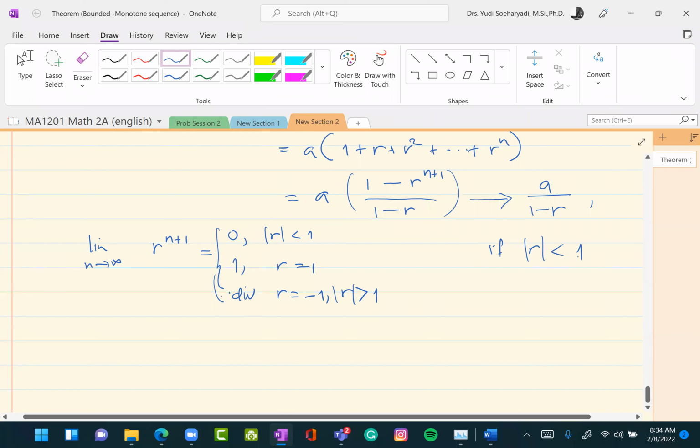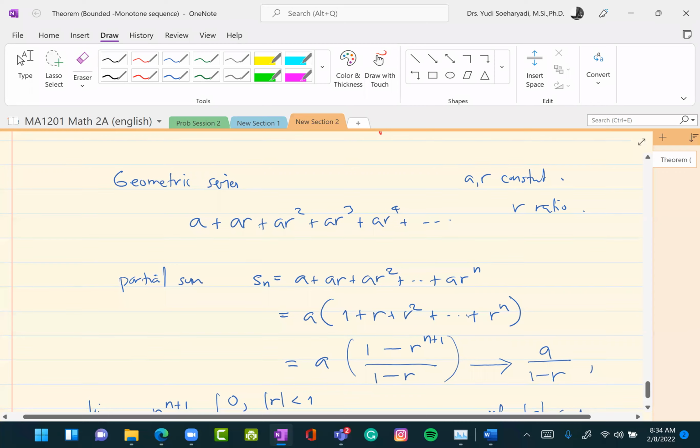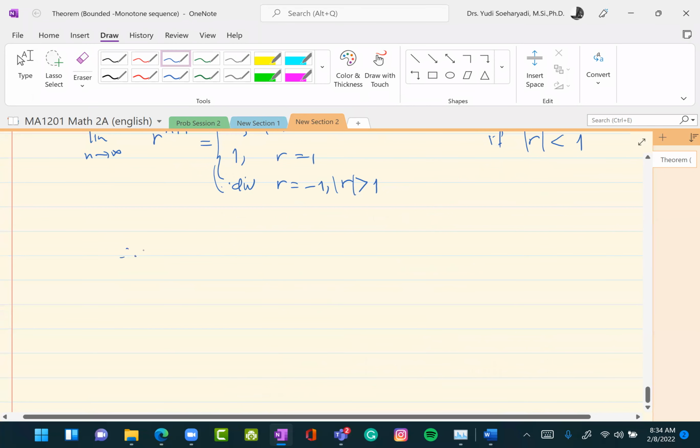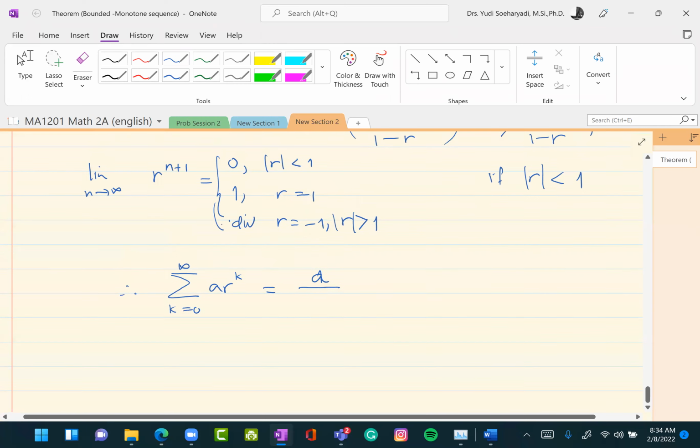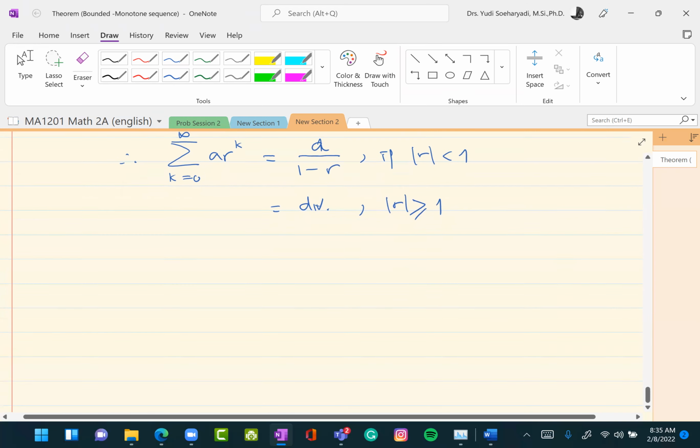So then this is the formula that you know from high school, the limit of a convergent series: A over 1 minus R, if the absolute value of R is less than 1, and divergent for R bigger than or equal to 1.